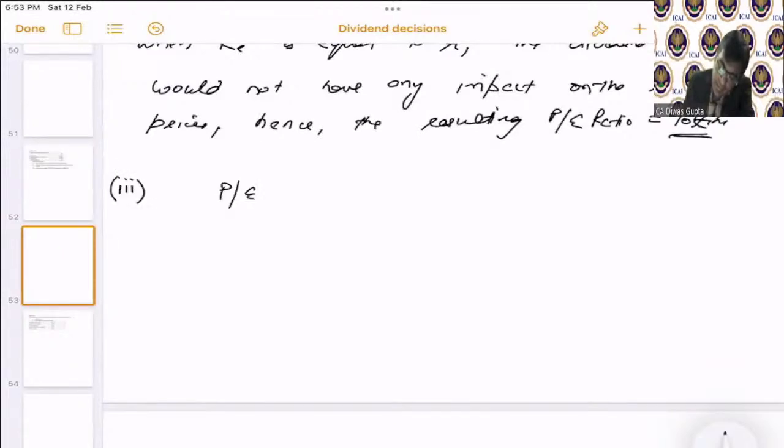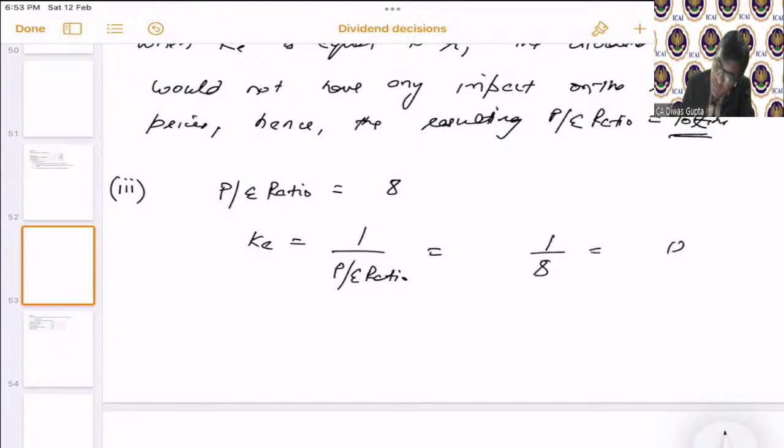In case the PE ratio is actually 8, the KE will be 1 divided by the PE ratio, which is equal to 1 divided by 8, which is equal to 12.5 percent. Correct? So that means the KE becomes 12.5 percent.